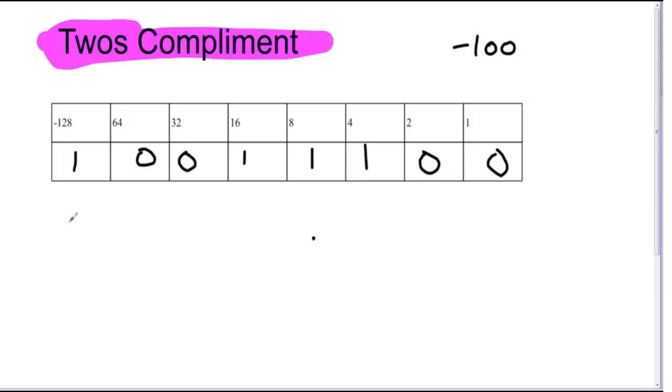Let me just show you how that works. So I've got the minus 128 there, so I'm just going to write that down. And I've got the 16 and the 8 and the 4. So all these are added together, and what I'm left with is minus 100.